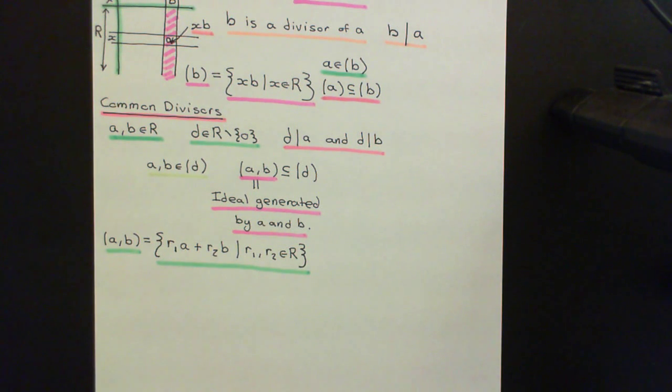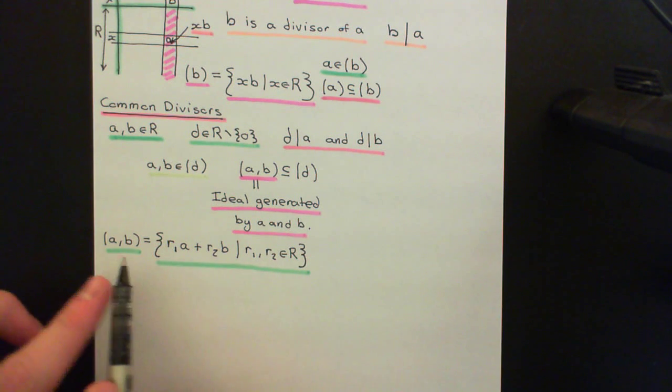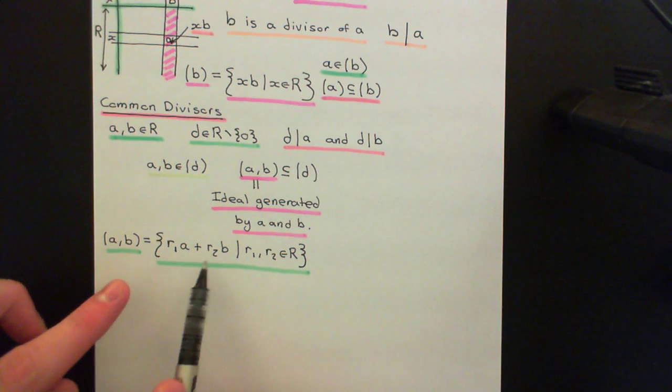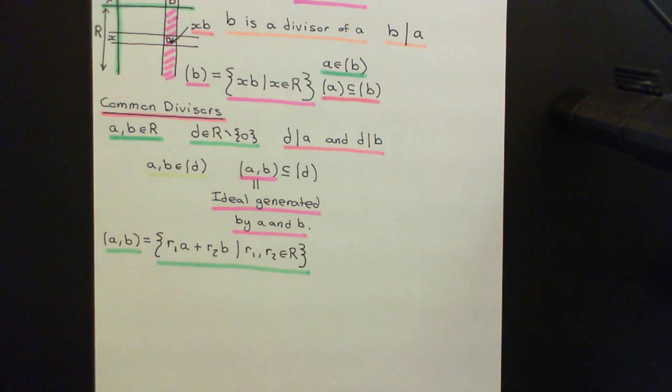So why is any ideal that contains A and B going to have to contain all of these things? Well, because an ideal is closed under multiplication, any ideal that contains A must contain all multiples of A, so it must contain all things of the form R1 times A, where R1 is an element of the ring.